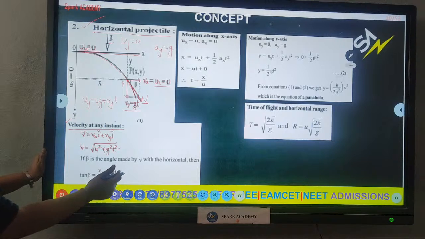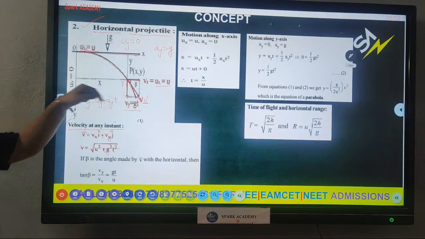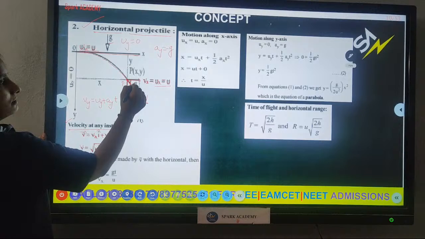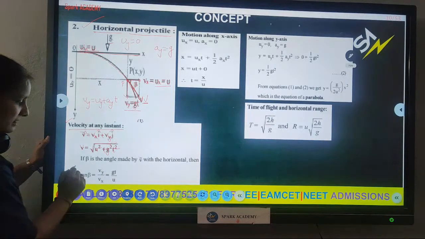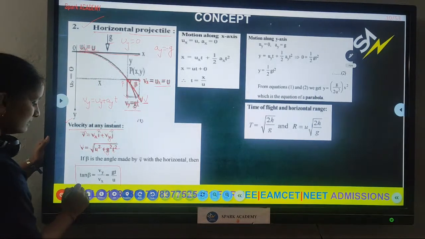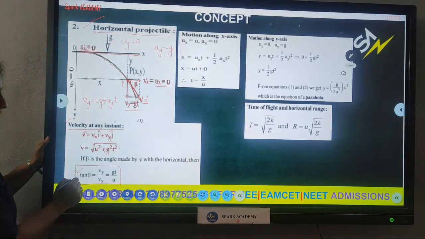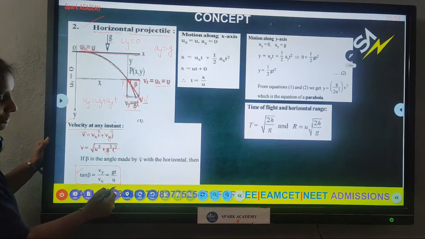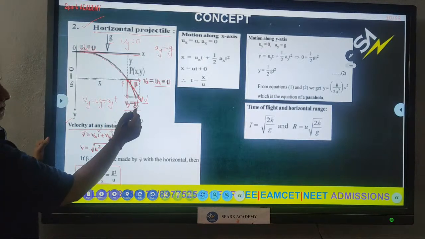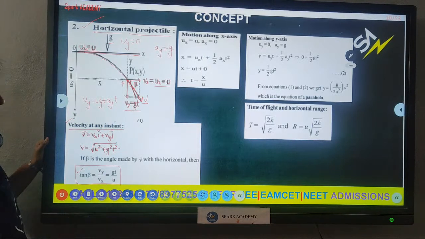If beta is the angle made at that point with the horizontal, then the direction of that resultant velocity can be found by using tan. Tan beta will be equal to Vy by Vx, which is equal to gt by u, taking its magnitude.